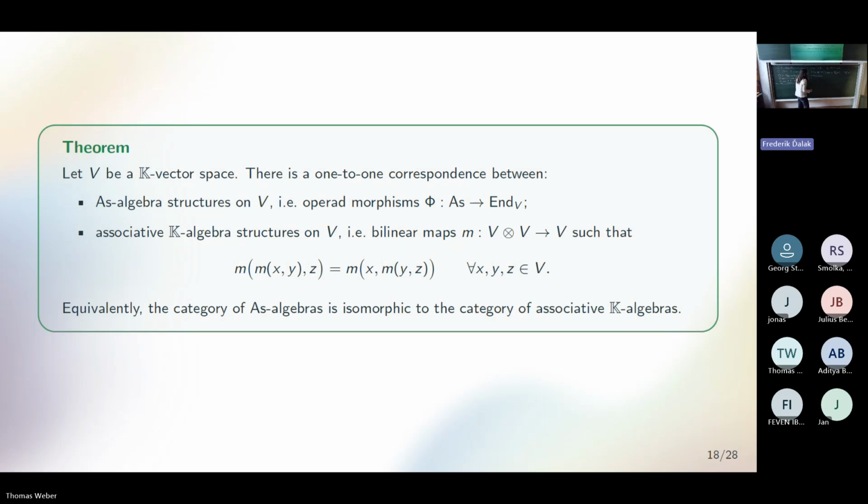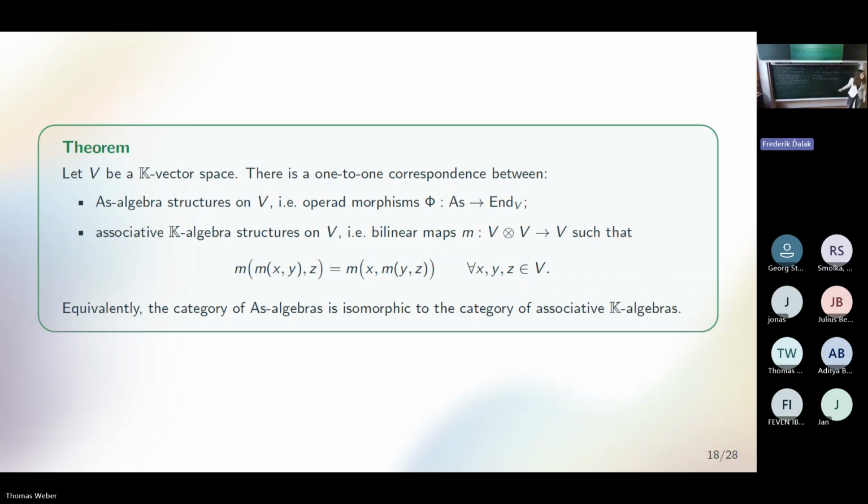And in order to check that m_V is associative, we can consider this equality here: mu_2 composed with mu_2 tensor mu_1 is equal to mu_2 composed with mu_1 tensor mu_2, where mu_2 is again the unique generator of As(2) and mu_1 is the unique generator of As(1), the unit of the operad.